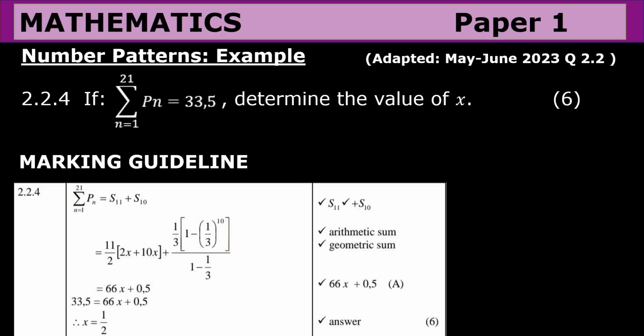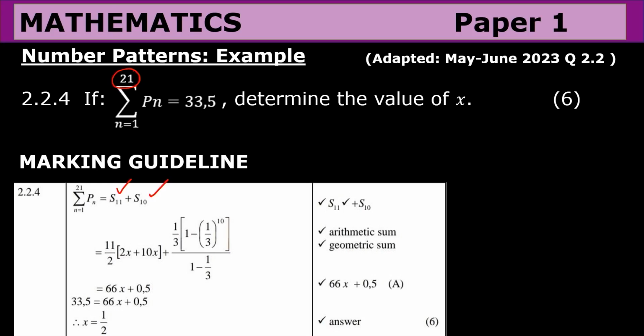Now remember, because these are 2 sequences, and from our sigma we can tell that we start at 1, we end at 21, which means we're going to have 21 terms. Now, in the first sequence, which is the arithmetic sequence, there will be a sum of 11 terms, and in the second one, there will be a sum of 10 terms.